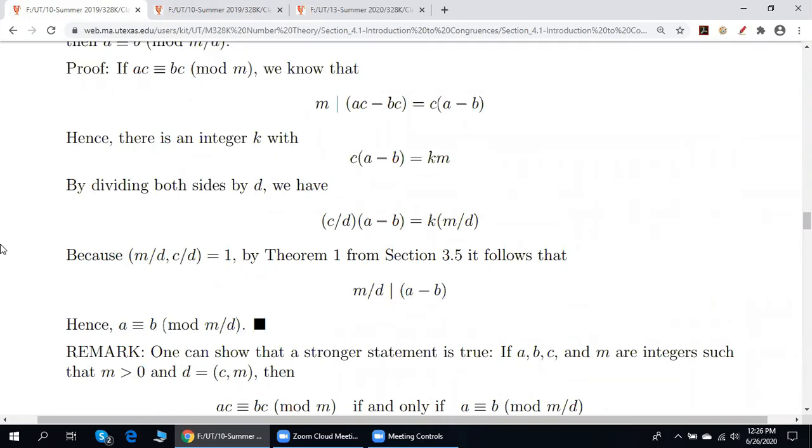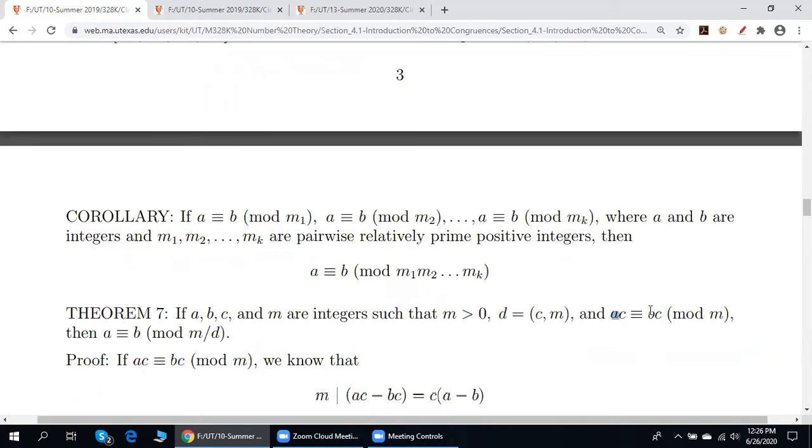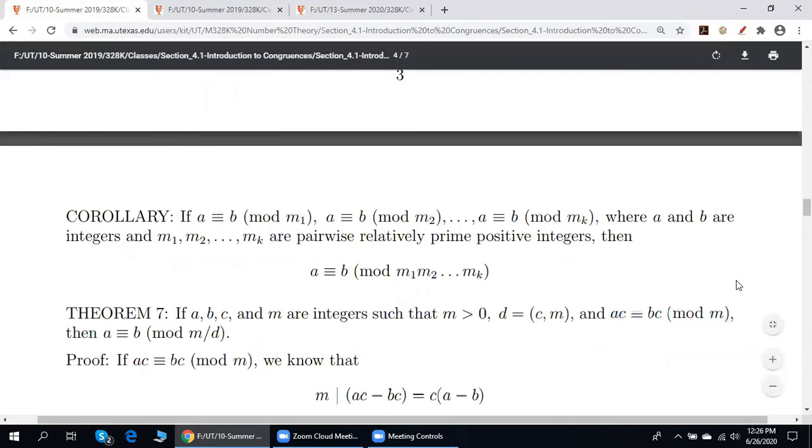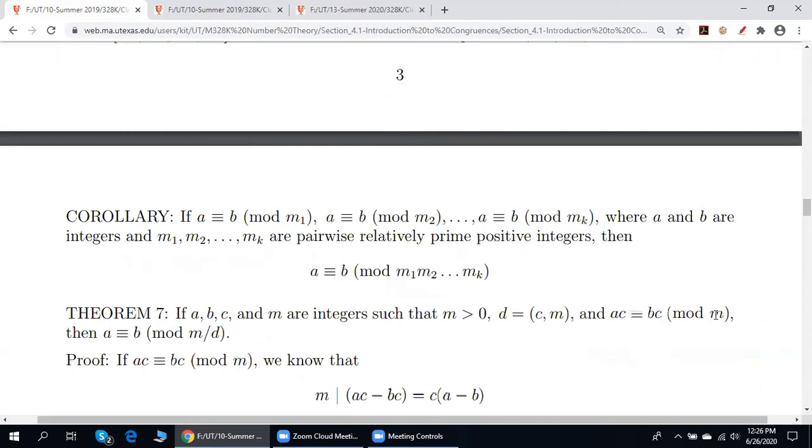So you know how you said that if AC is congruent to BC modulo M, it's not necessarily true that A is congruent to B? Yes. So maybe I misunderstood, but earlier, didn't you say that we could multiply both sides by an integer? So once again, it's exactly what I said. This does not necessarily imply A is congruent to B modulo M. However, vice versa is true.